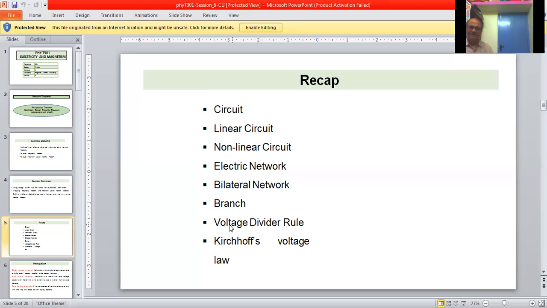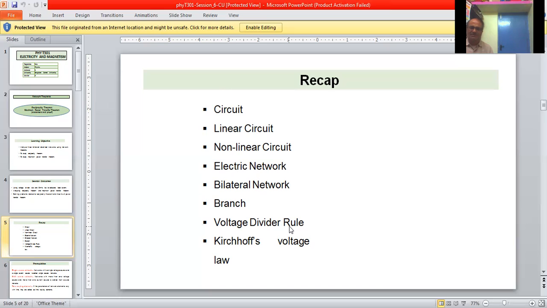Next, we will see the voltage divider rule. This rule is used to divide the voltage, and it is generally done with the help of resistors.